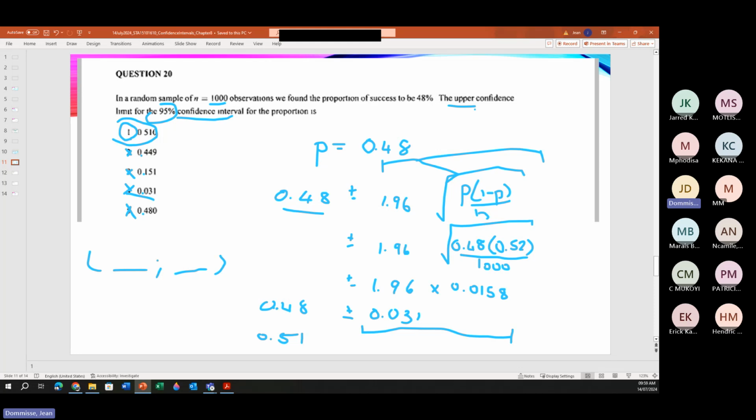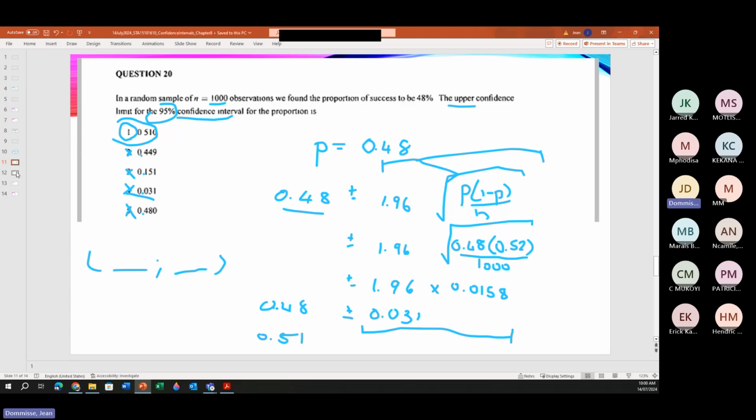Okay, so again, our mind is normally structured that we want to see the lower and the upper as options, but it might just be, and this I've seen in a few papers where they do this, where they just ask you one of the confidence levels, so either the upper or the lower, and it doesn't always just need to be with a proportion, it might just be with some of the others as well.